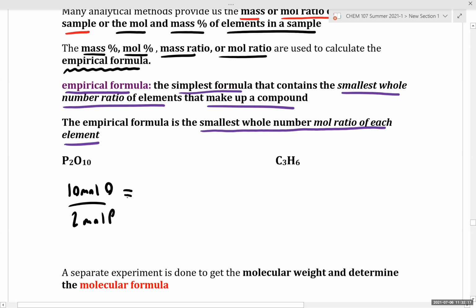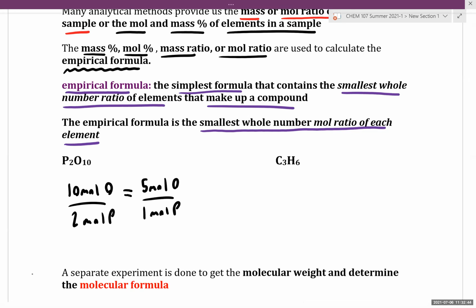And if we're writing the empirical formula, we want the simplest mole ratio. Thus, this 10:2 could be simplified to what ratio? 5:1. Yep, exactly right. So we can simplify this to 5 moles of oxygen per 1 mole of phosphorus, giving us an empirical formula of PO5.